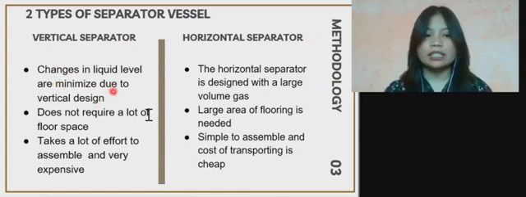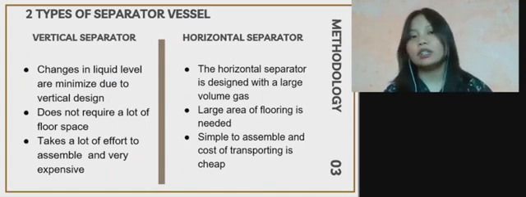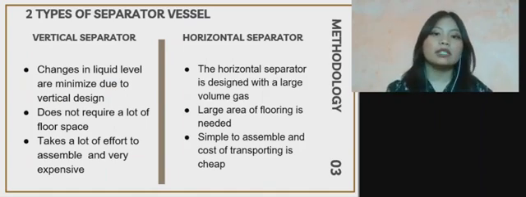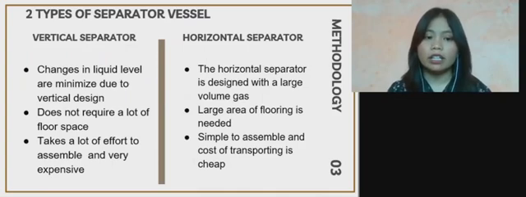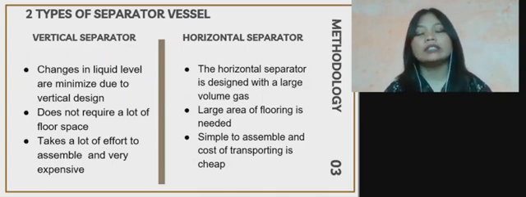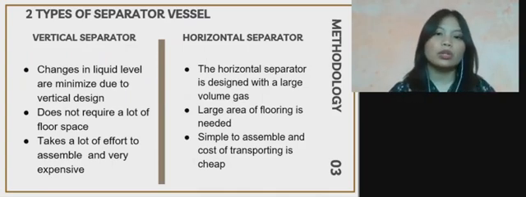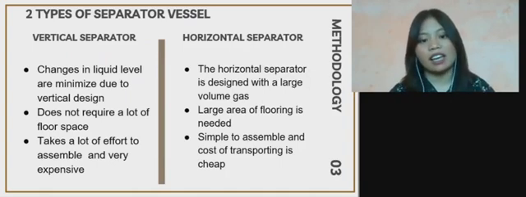For a vertical separator, changes in liquid level are minimized due to the vertical design, and it does not require a lot of floor space to build. However, it takes a lot of effort to assemble and it is very expensive due to the complicated design. And then a horizontal separator is designed with a large volume of gas.